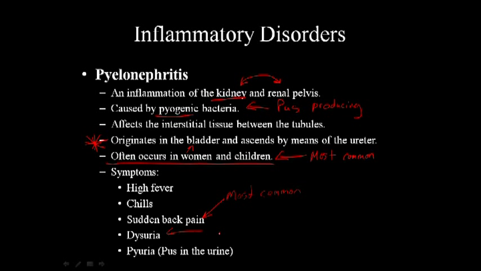You have difficulty urinating. A lot of times you see patients who feel the need to urinate, but they really can't. And once again, that can be because of the pus-producing bacteria. And also pyuria, which means pus in the urine. And based on the type of bacteria, that wouldn't be uncommon either.